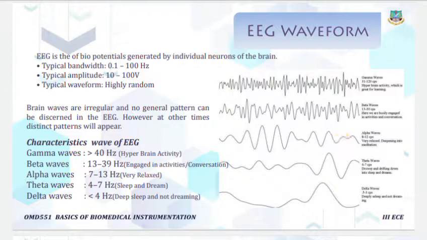Then theta wave. The frequency is 4 to 7 Hz. This figure shows the theta wave. It is active during sleep with a dream, while we are dreaming. Then delta wave, when we are in deep sleep and not dreaming.